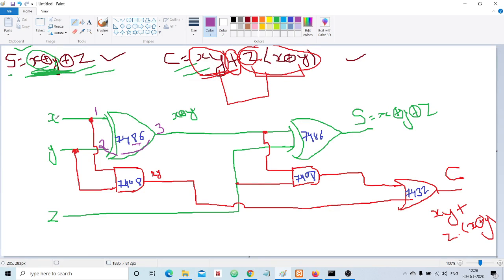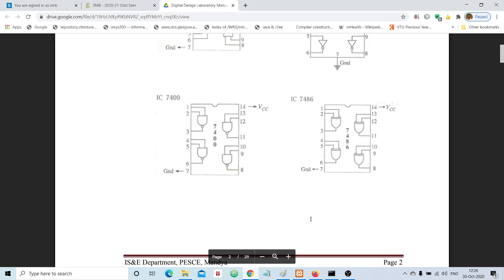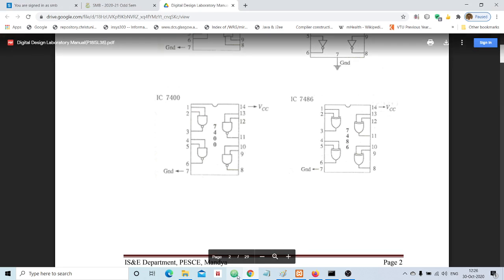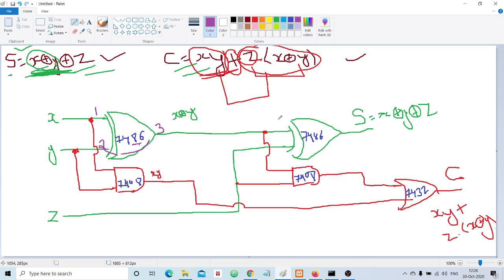You need to supply inputs at pin number 1 of 7486, pin number 2 of 7486, and you will get output at pin number 3. Correct? And what about this line? This line will act like an input for the second XOR gate. For the second gate, what are the input pin numbers? 4 and 5. Output pin number 6, right? So we will write this as 4, this as 5, and this as 6. So at pin number 6 of 7486, you will get sum as a result.